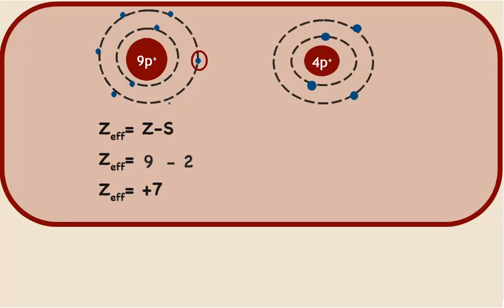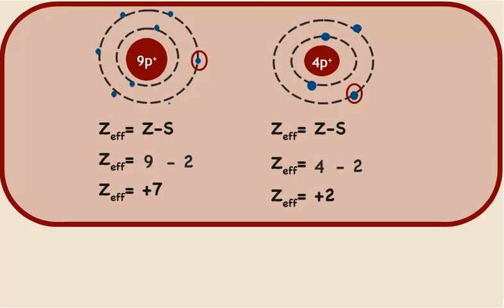As a second example, we have an atom with 4 protons in the nucleus. So its nuclear charge is 4. And since it has 2 electrons in the inner shell, its screening constant is 2. From the equation, 4 minus 2 is equal to plus 2, so we have plus 2 as the effective nuclear charge.